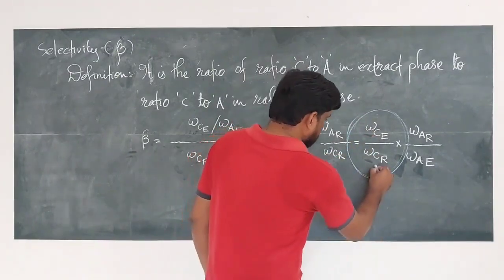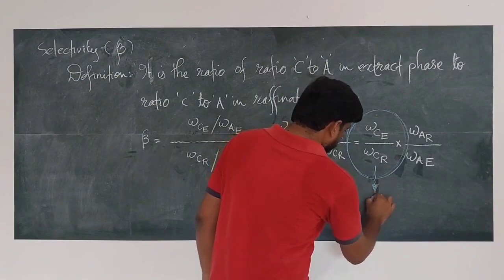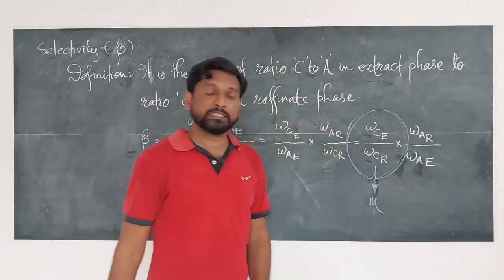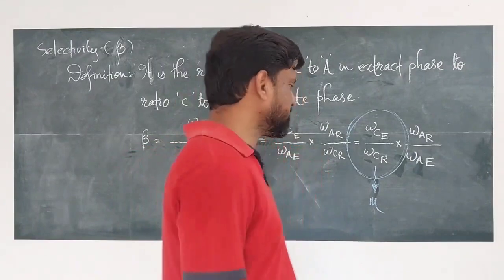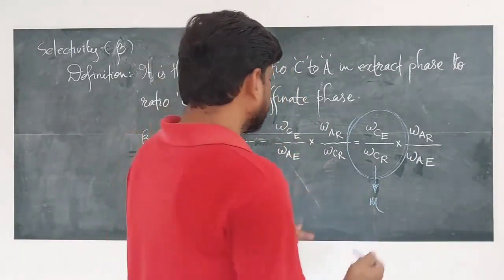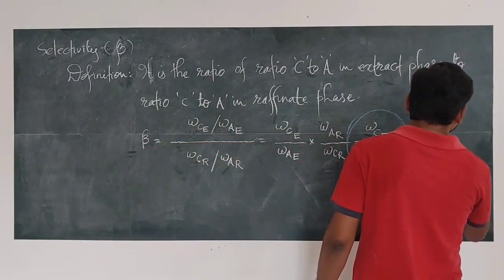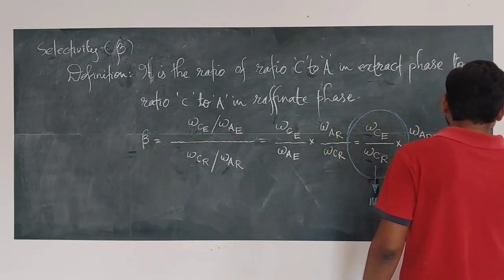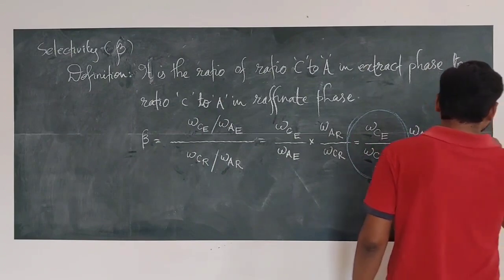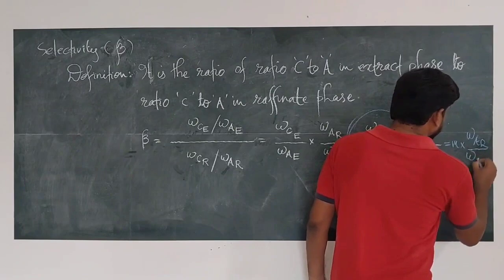What is this? This is M. M means the distribution coefficient. So in turn, you can write M into WAR divided by WAE.